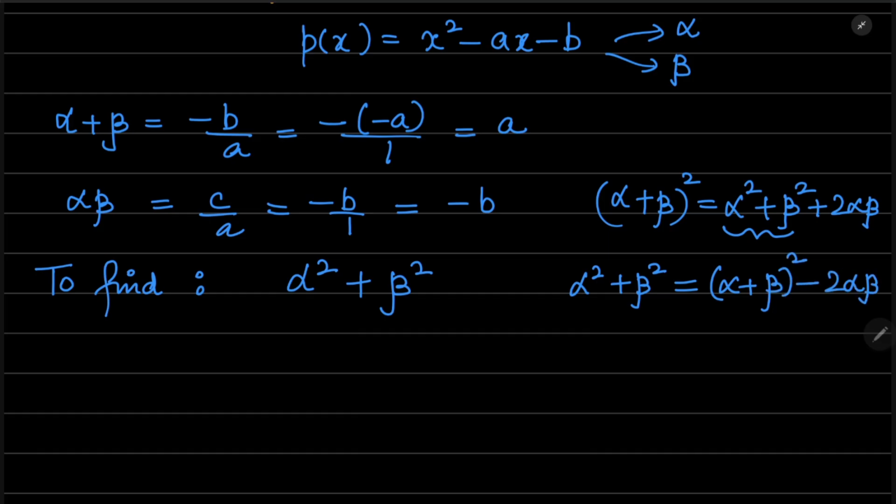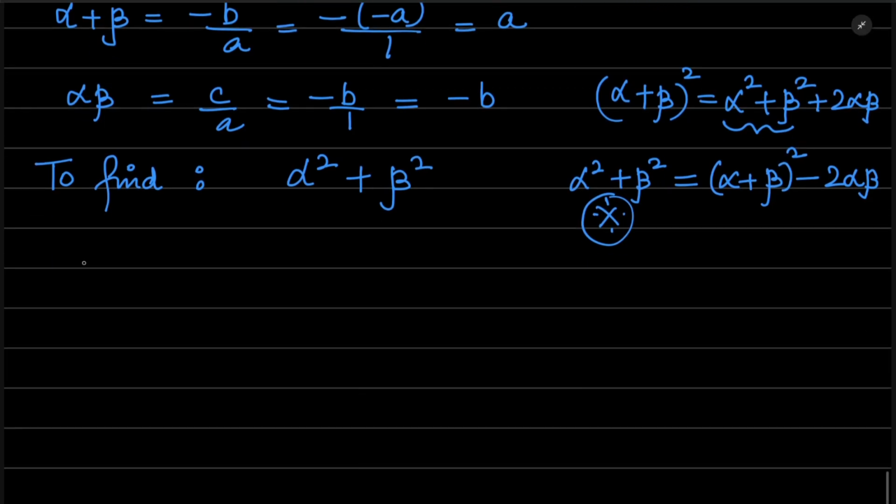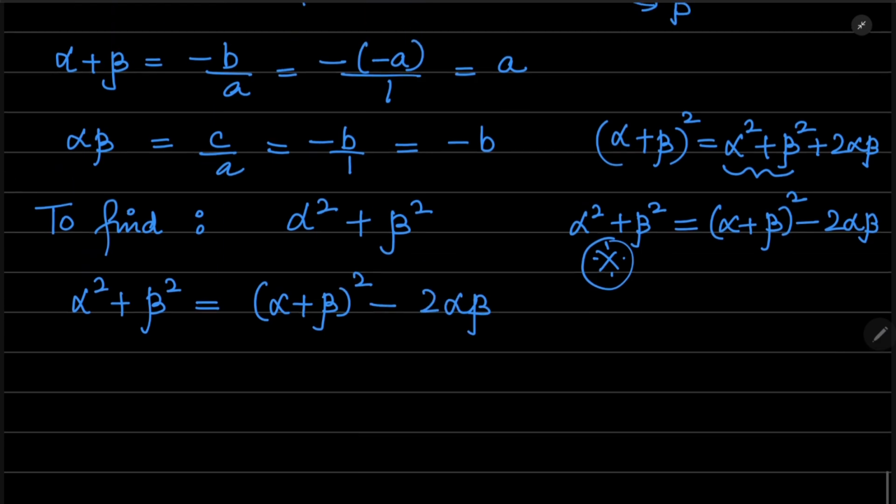So this is a very important identity which you have to remember. It is used multiple times. It will be used very frequently this year for you, so please remember it. So let's write it directly. Alpha square plus beta square will be equal to alpha plus beta the whole square minus 2 alpha beta. So what is alpha plus beta?